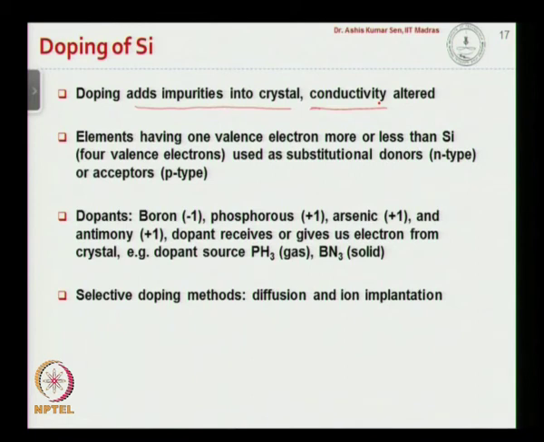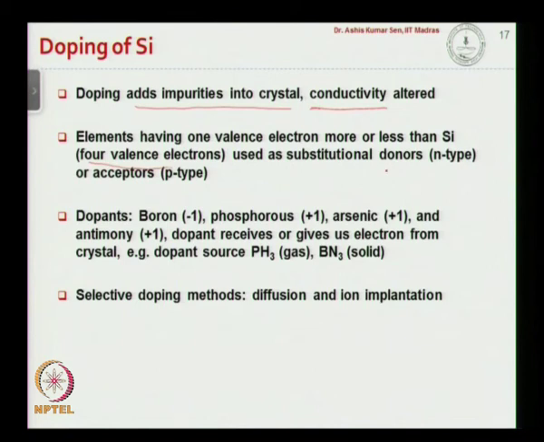What we do typically is add elements that have one valence electron more or less than silicon. Silicon has 4 valence electrons, and we add elements that have either one more or one less as compared to silicon.